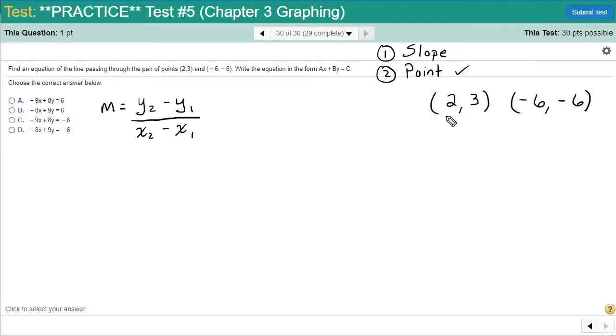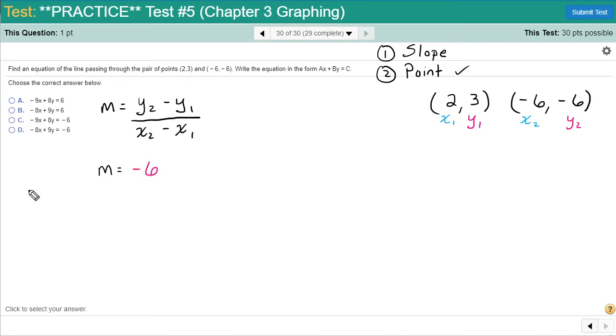So 2 will be x sub 1, and -6 here will be x sub 2. And that leaves, of course, this 3 to be y sub 1, and this -6 to be y sub 2. All right, I think we're ready to go now. Let's plug in these coordinates and see what happens. So y sub 2, based on how we labeled, is -6.